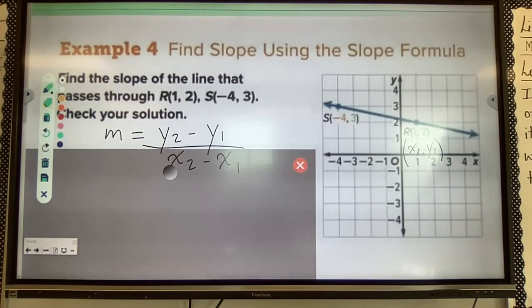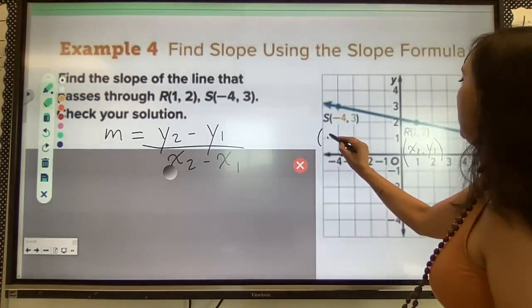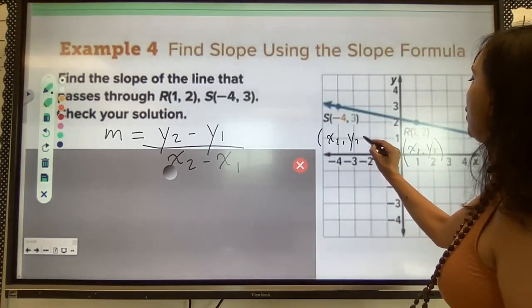So x1, y1 is (1, 2), x2, y2 is (-4, 3). And when I am looking at my change in y, it's going to be here. This is my x2 and y2.